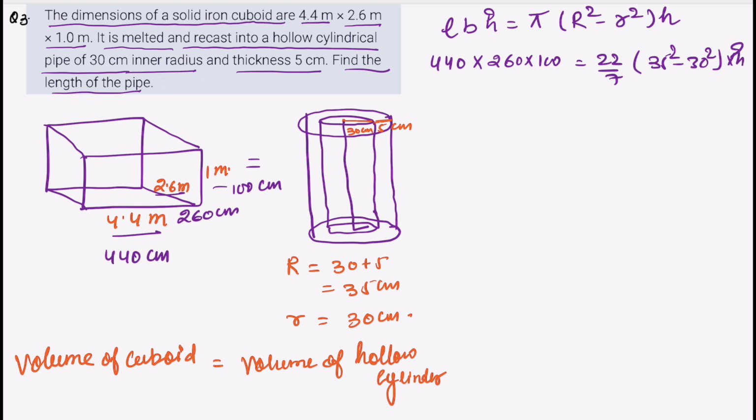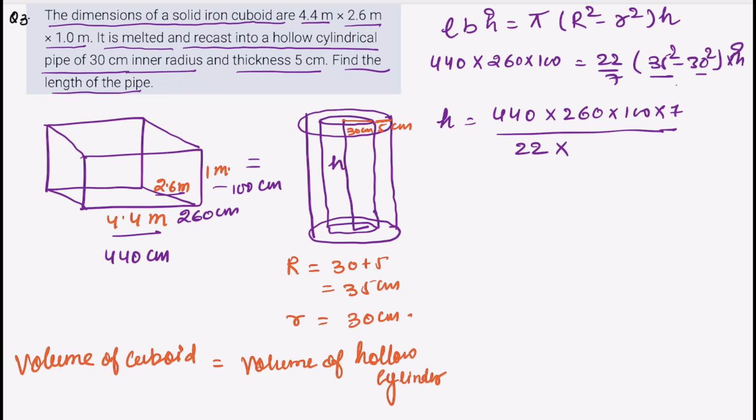Let the height of this cylinder be H. Okay. So from here we will write H equals 440 into 260 into 100 upon 22 by 7, where the 7 will go in the numerator, upon 35 square minus 30 square.